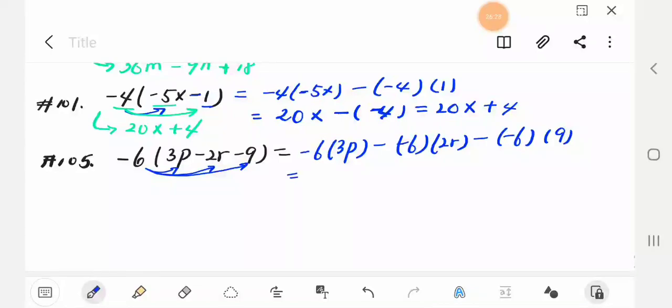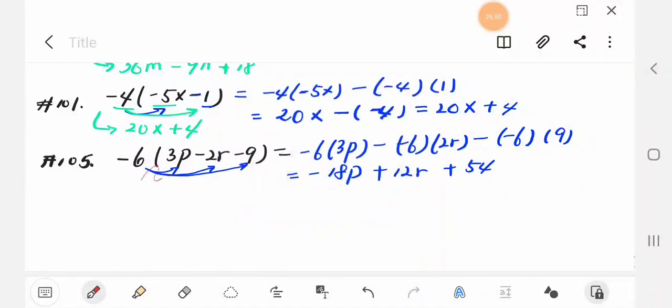So that is equal to negative 6 times 3 is negative 18p. Then negative times negative is plus, and 6 times 2 is 12r. Negative is positive, so plus 6 times 9, 54.